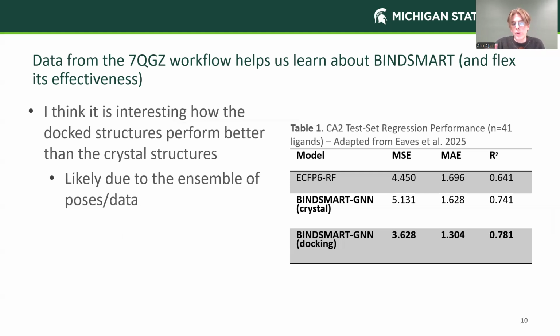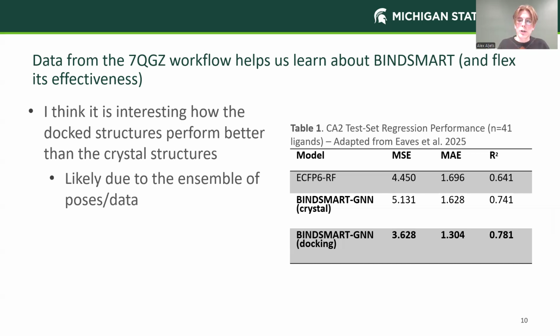I thought it was pretty interesting how the simulated docking structures outperformed the crystal structures just because it's simulated. In my mind, usually the gold standard is a good crystal structure.